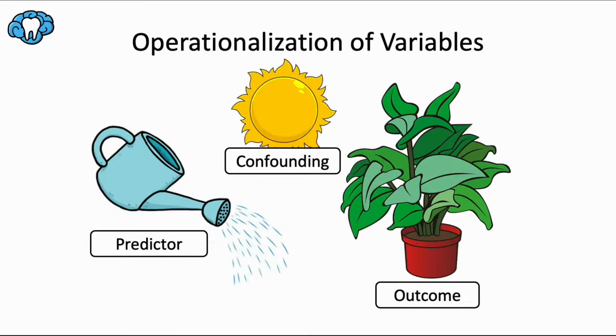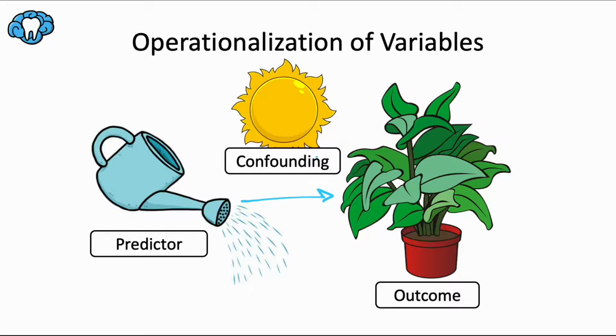But we can also have something else in the picture, a confounding variable. So a confounding variable or confounder can get in the way of our results. In a cause and effect study, where we're trying to determine how an independent variable affects a dependent variable, a confounder is an unmeasured variable that distorts the relationship between these two.